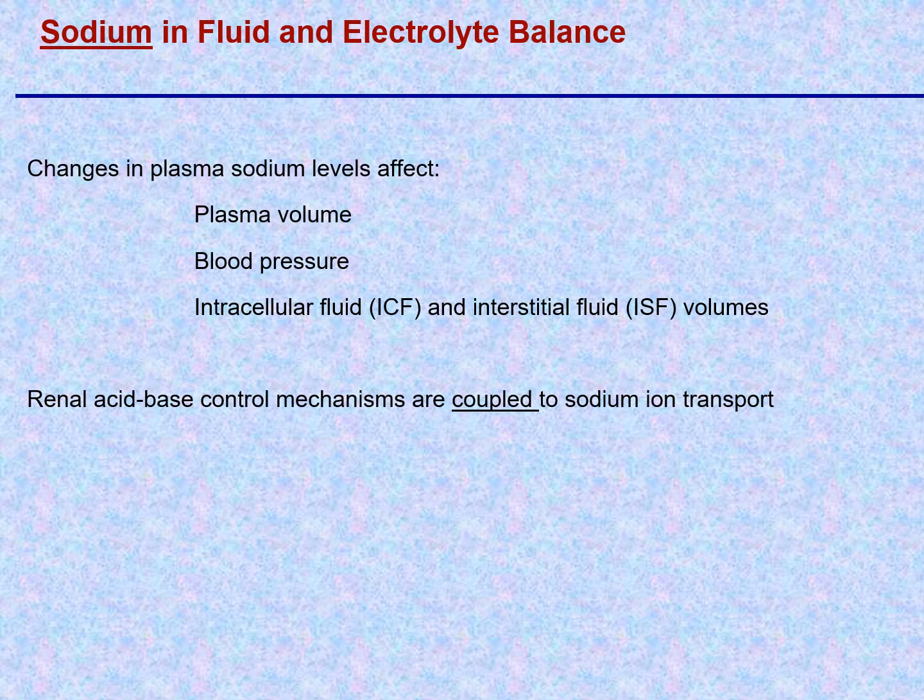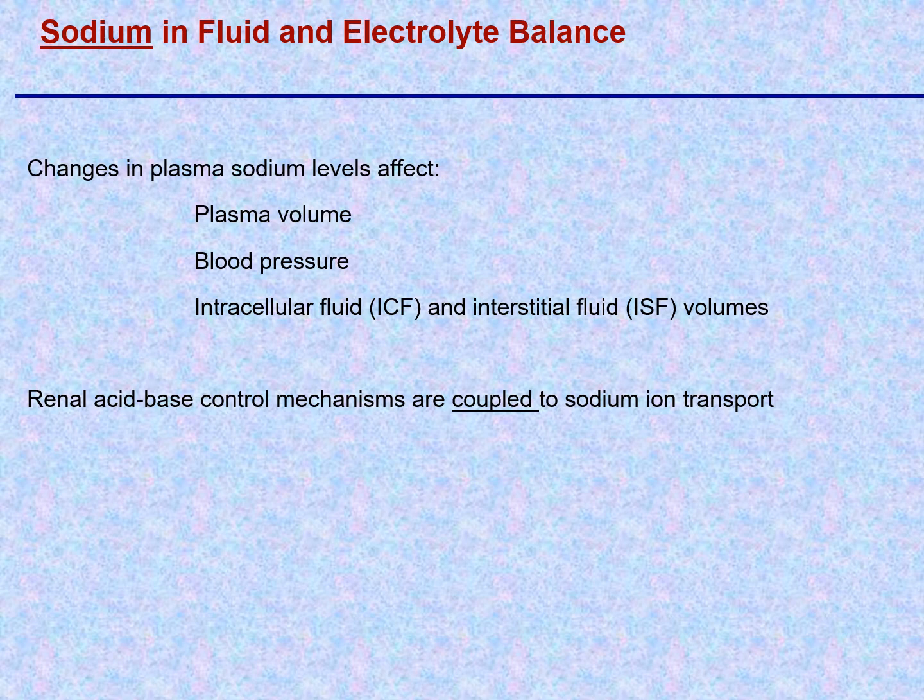If any changes occur in the plasma sodium level, so now we're talking about the intravascular fluid sodium level, they will affect the volume of the plasma. Because of the osmotic effect of the sodium, if it rises, for example, it will be able to pull water from the interstitial fluid into the vasculature.